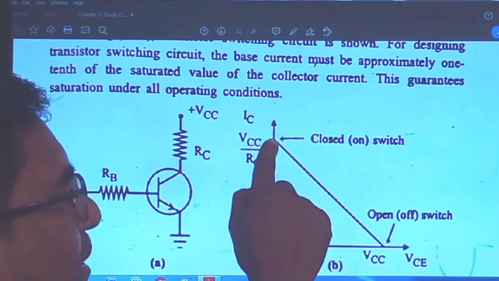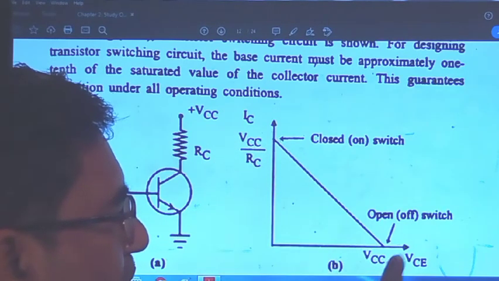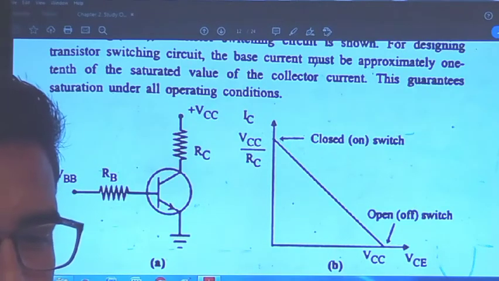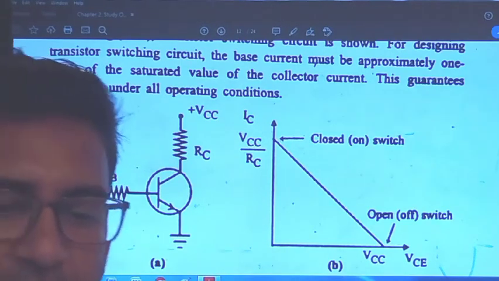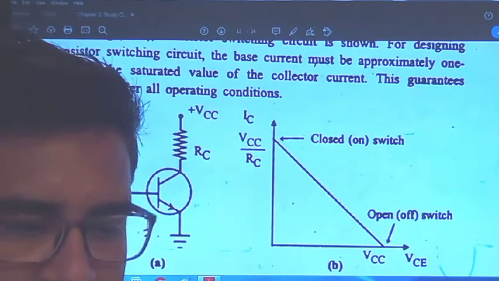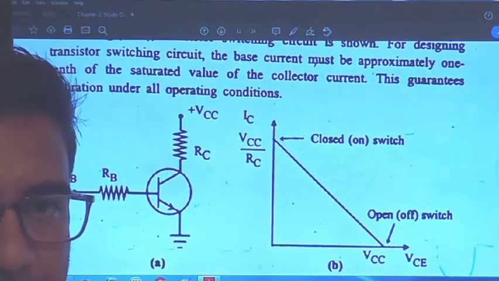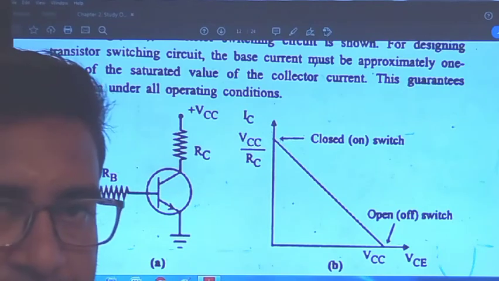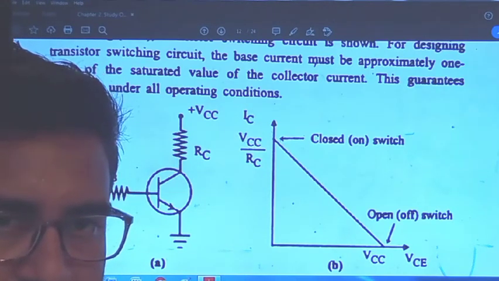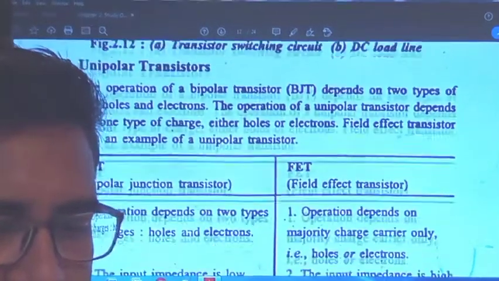At the closed switch, you are getting VCC by RC, and for the open switch you are getting the total VCC. Okay, approximately that of the saturated value of the collector current. This guarantees that it is saturated under all operating conditions. Means saturation is very much compulsory in a transistor for operating in the on and off condition. Okay, and that's why this transistor is used as a switch.